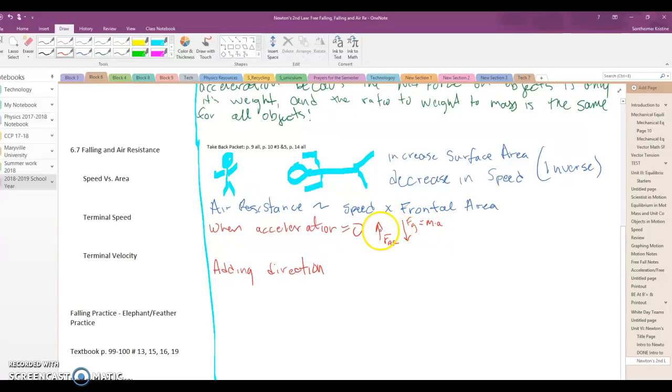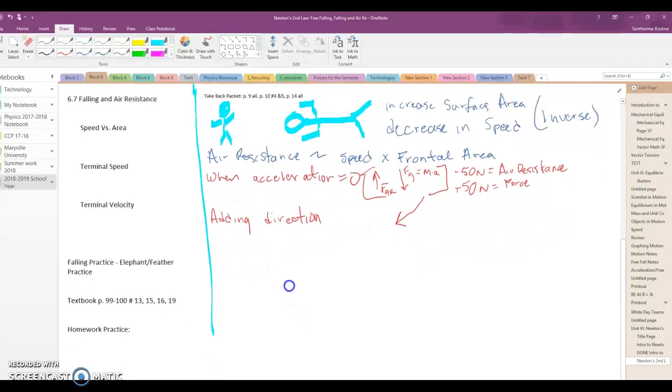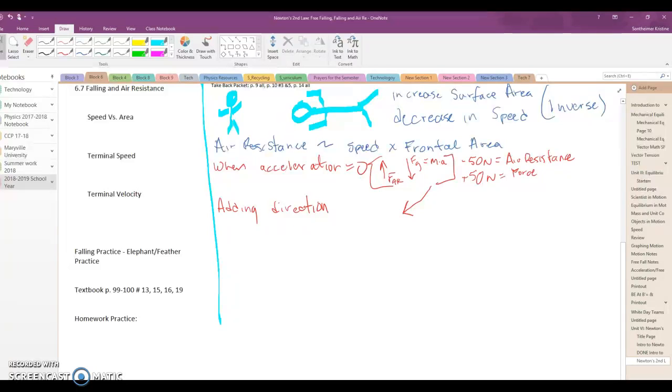So technically this actual drawing is terminal velocity, where you might have 50 newtons of air resistance versus 50 newtons of force, right? Those are equal to each other, so we might say this is a positive and this is a negative, but no direction is included, while the bottom half is direction. Okay, so that's kind of it.